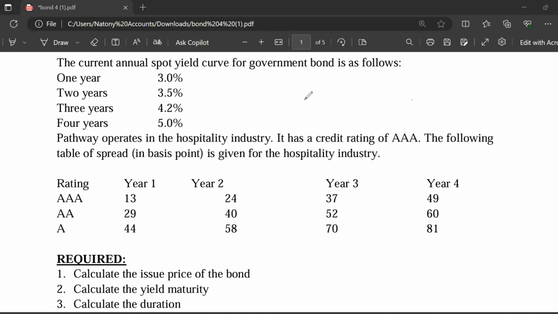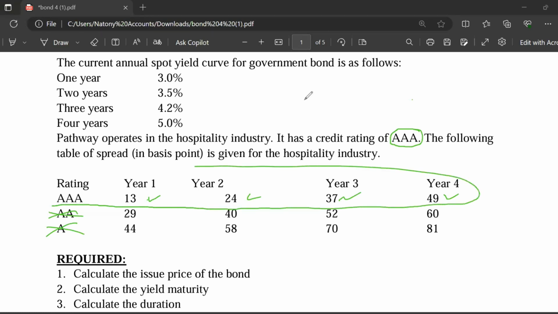AAA, this is the spread that relates to the AAA. In this question, we're told that the company's bond rating is AAA, so I'm not going to be looking at the AA or the A either. The spread that I'm going to be looking at will be the spread for the triple A.